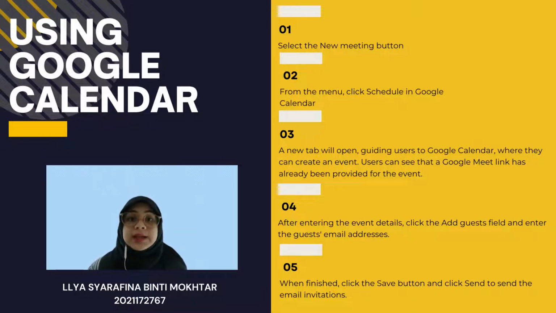The user can see that a Google Meet link has already been provided for the event. After entering the event details, the user can click the Add Guests field and enter the guest email addresses. When finished, click the Save button and click the Send button to send the email invitation.